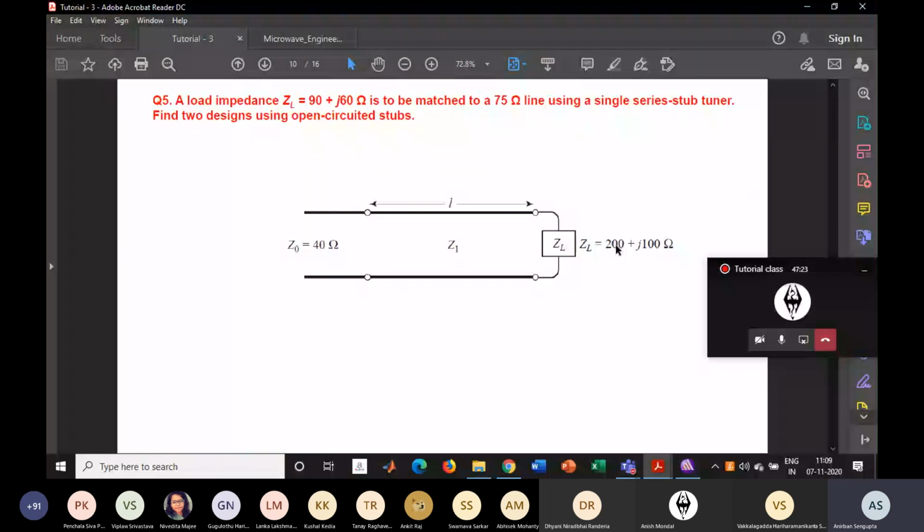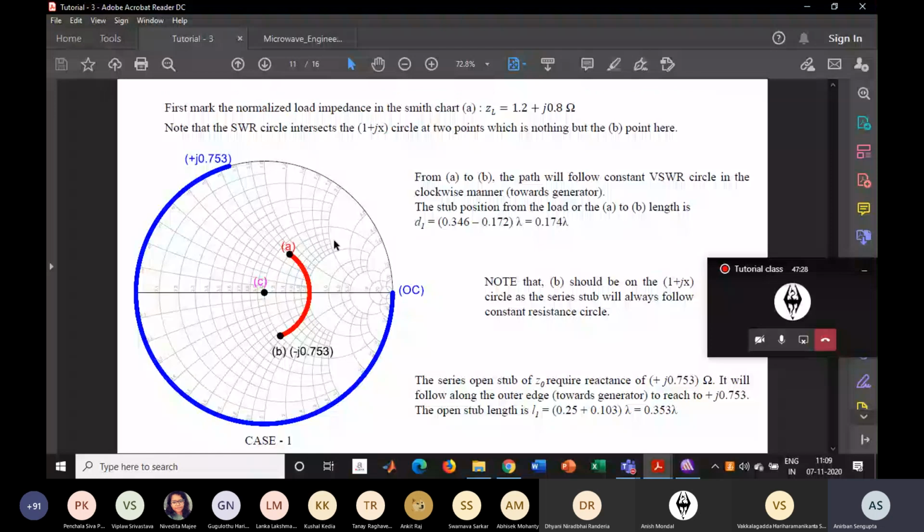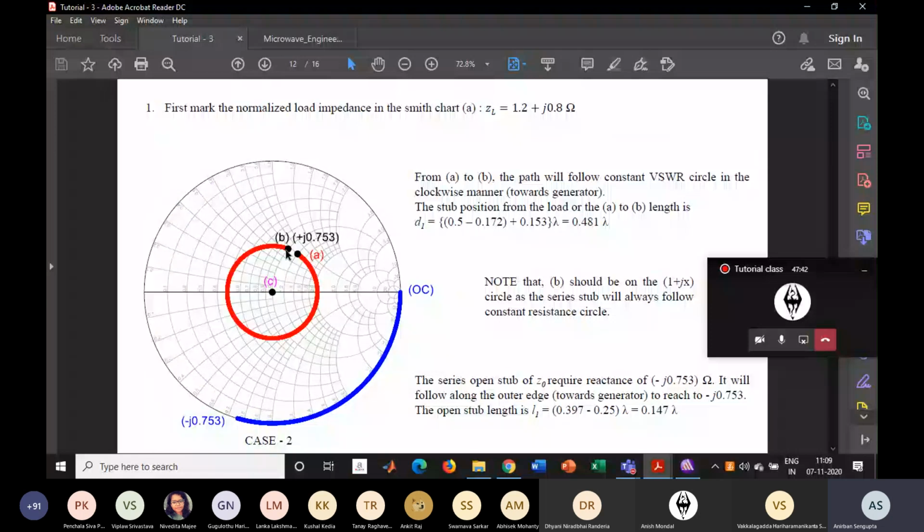For the first one, you can put the stub at 0.174 lambda, and the length of the stub will be 0.353 lambda. And for the second one, you can add the stub after 0.481 lambda, and the length of the stub will be 0.147 lambda. You can use either of these solutions.